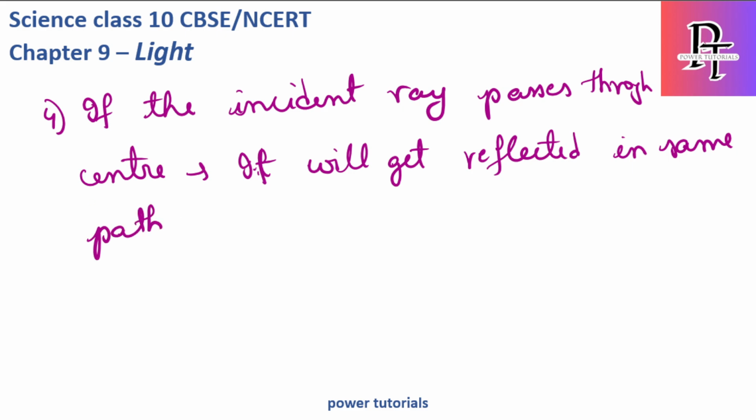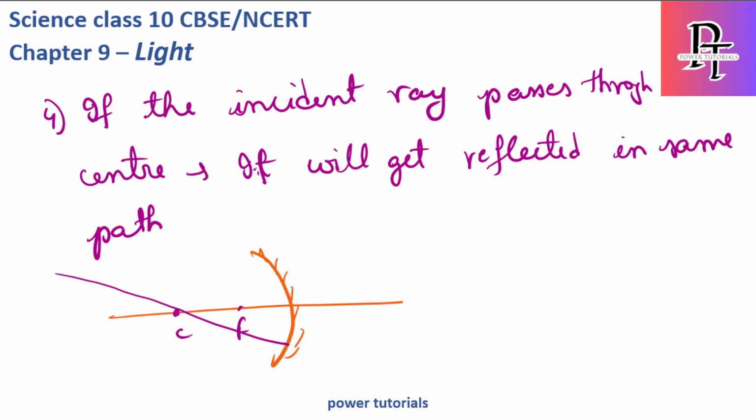What I mean to say is that if I have a concave mirror, draw principal axis, now draw the incident ray. C is here. If you draw the incident ray like this through the C, and it hits the mirror, then the reflection is on the same path. Both are on the same way. Same for convex mirror.